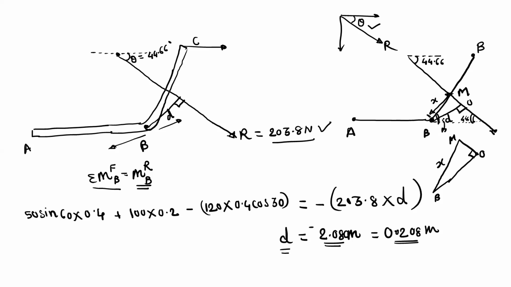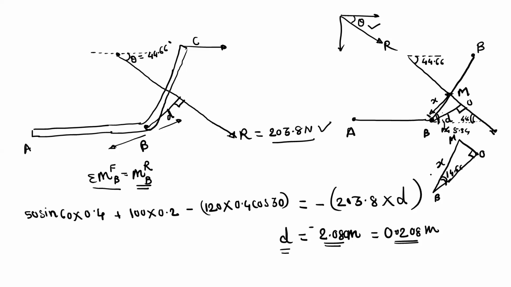Once we get this small angle, we can find this angle. So 44.66 minus 90, it is 45.34, this small angle. And the total angle is 60, so 60 minus 45.34 is 14.66. So this angle is 14.66.